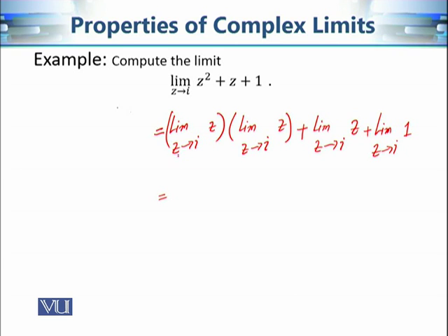Now the limit as z approaches iota of z is just iota. So this is iota into iota plus 1, which is in fact minus 1 plus iota plus 1. Cancelling out, the limit value is just iota. And observe that we have also calculated this limit to be iota using the other method.